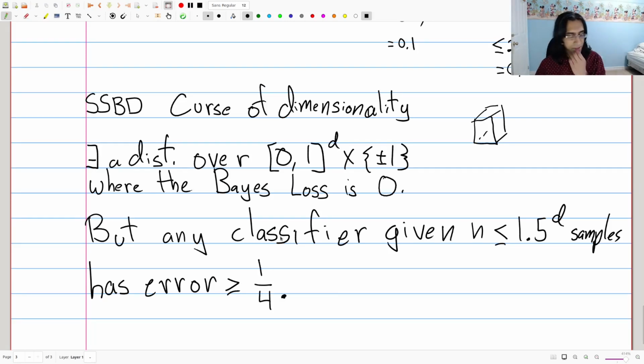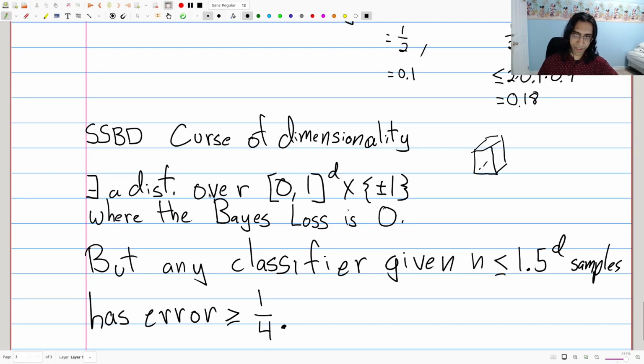This is a theorem which you can find somewhere in this book. But let's see what it means.